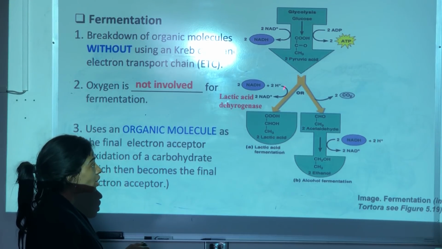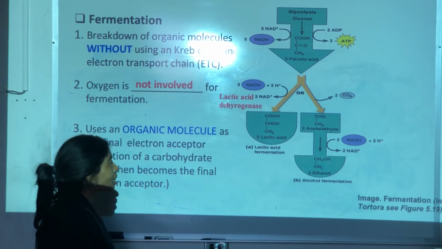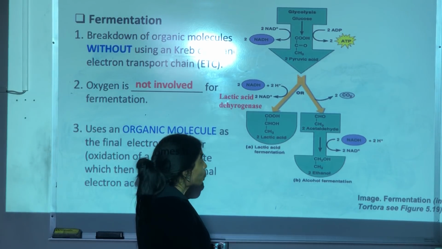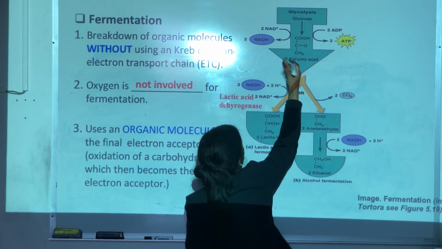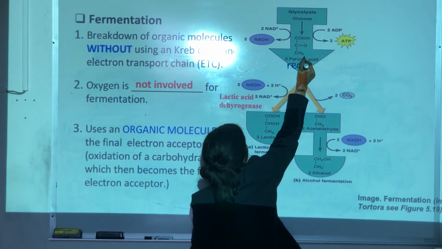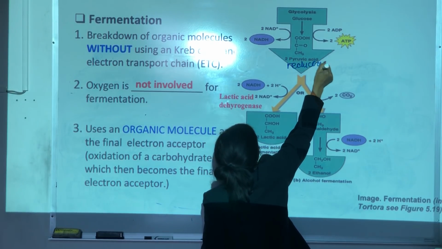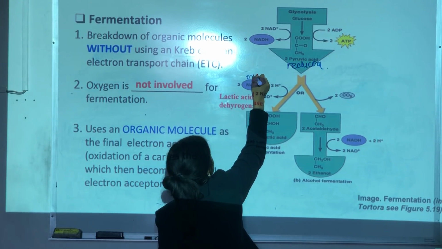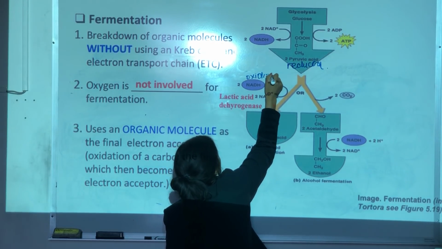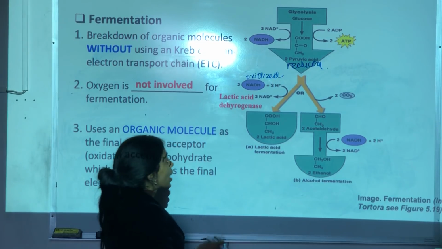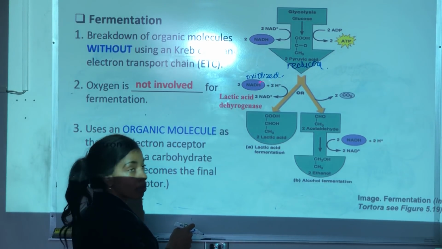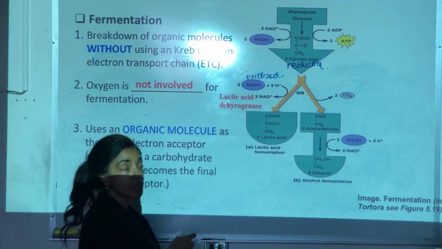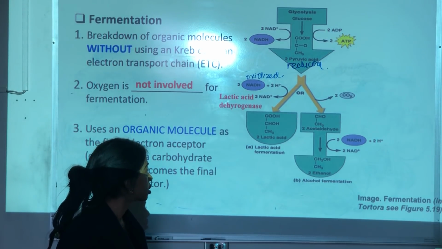So if pyruvic acid is gaining electrons to become lactic acid, then pyruvic acid is going to be reduced. And when pyruvic acid is reduced, NADH is going to be oxidized. NADH loses the H, right? Remember the H is the electron, and it becomes NAD plus, all right?